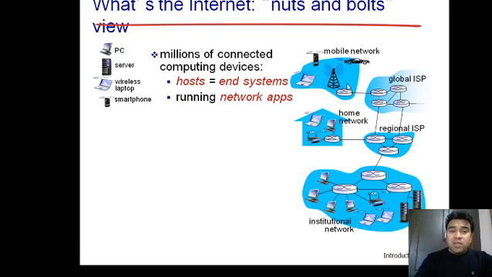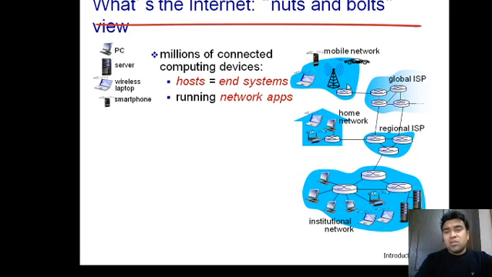So millions of computers, millions of cell phones, servers, and many other devices. As you can see these days, the internet has completely changed the way we live. Now we are living in smart homes.